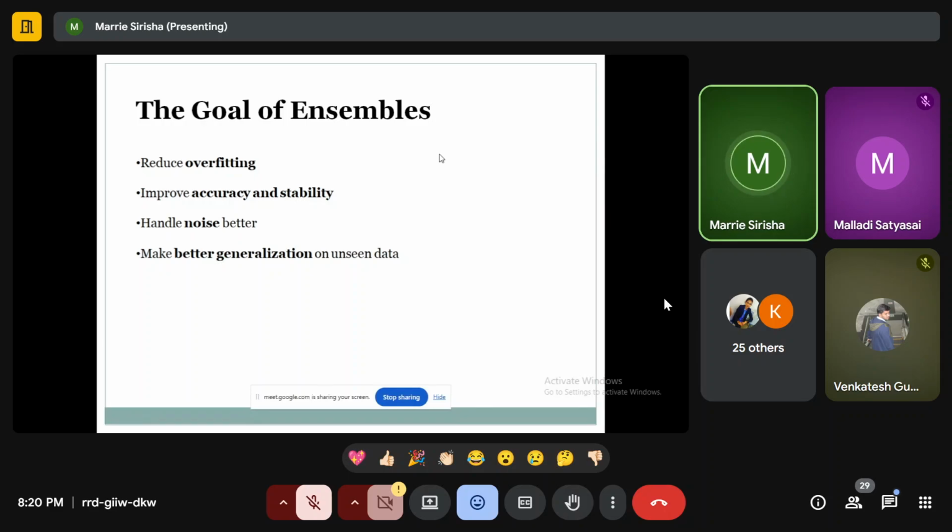So it will perform better on unseen data. If you give the unseen data, it will perform more accurately.